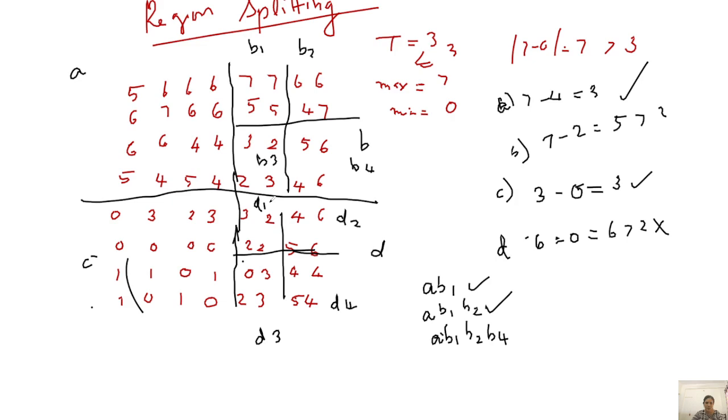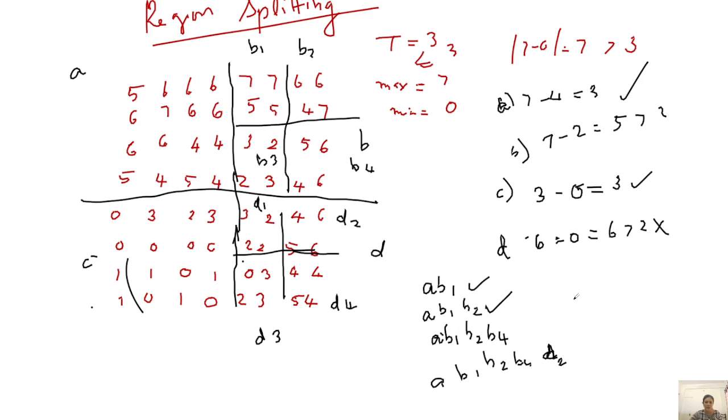Next possibility is A, B1, B2, B4, D2. In this, the maximum pixel is 7 and the minimum pixel is 4. This is satisfied. And D3, is it possible? D3 also is not possible, right? It's not able to do it.